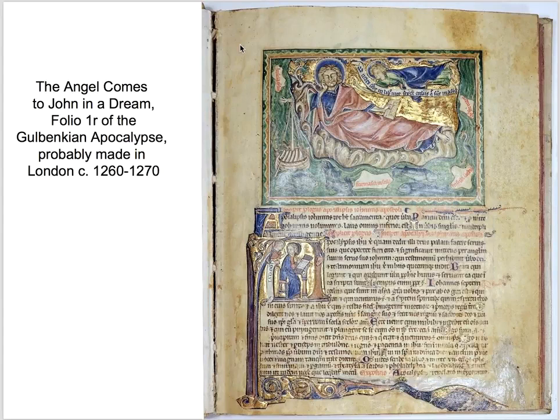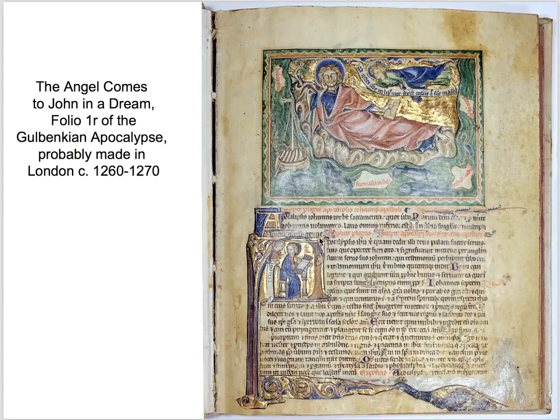And then instead of being made into leather by tanning, it is made into parchment by chalking it, so it's more white and more of a nice surface. So what we're looking at is the first page of the Gulbenkian Apocalypse, and we're looking at what we would call a half-page miniature, or at the top of the page, we see a large history.